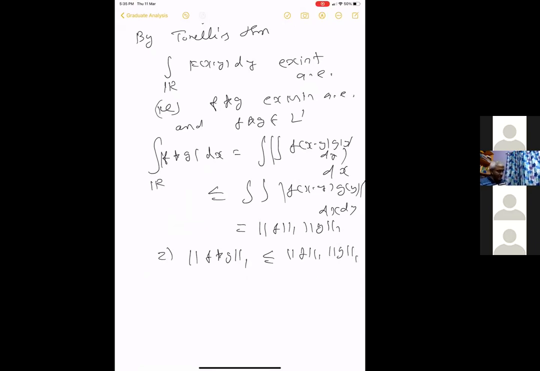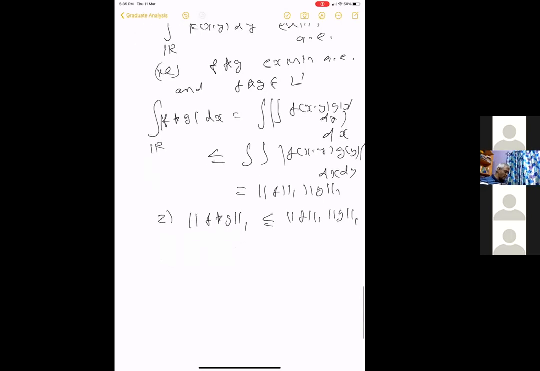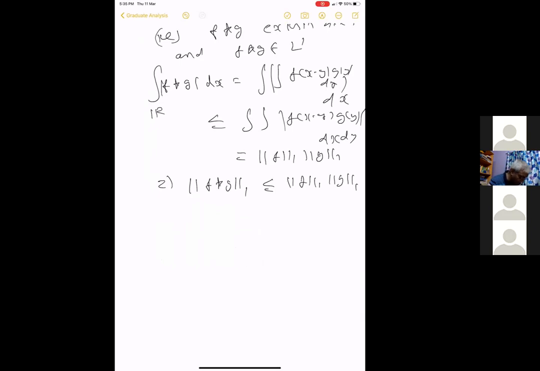The reason for writing this inequality is, maybe a small digression just to tell you something.